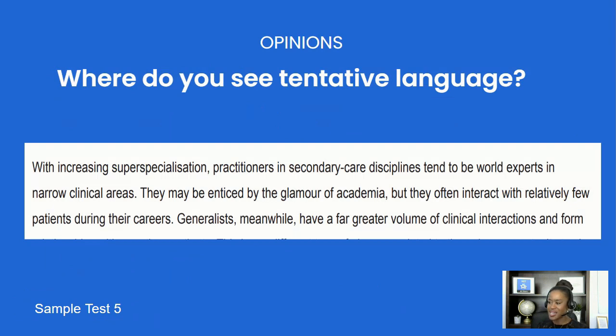They may be enticed by the glamour of academia, but often interact with relatively few patients during their careers. Do you see here any words and phrases that are associated with uncertain language, tentative language? Let's see if you can spot anything.